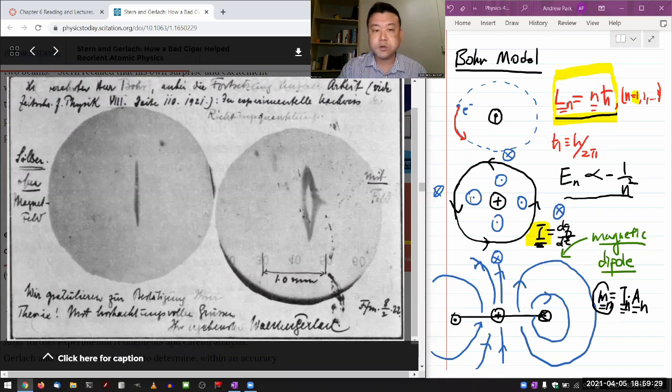Because in your textbook, they treat the Stern-Gerlach experiment as providing the evidence for electron spin, and physically that is correct. But at the time of Bohr's model and the Stern-Gerlach experiment, we didn't really know about quantum mechanical spin, which we'll talk about in about 2 weeks.